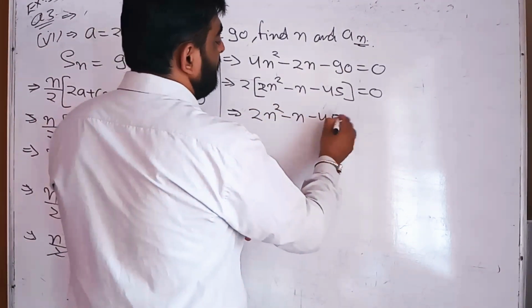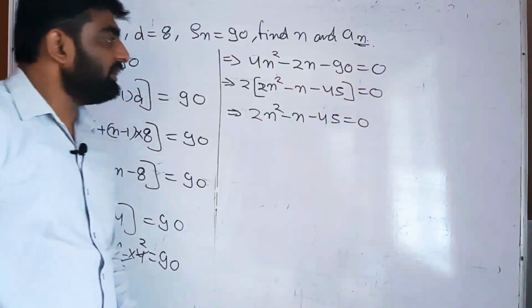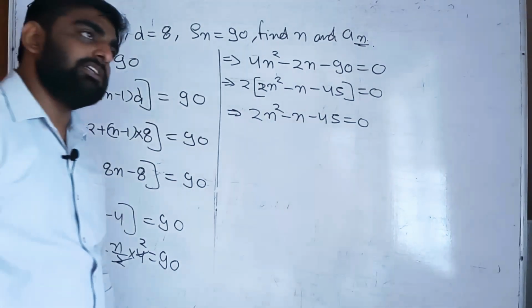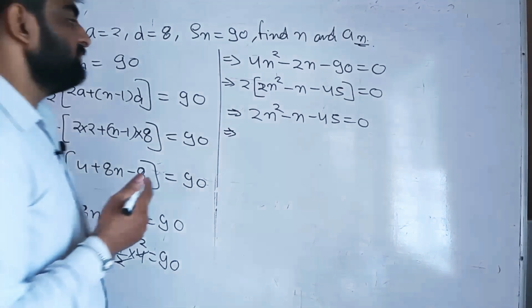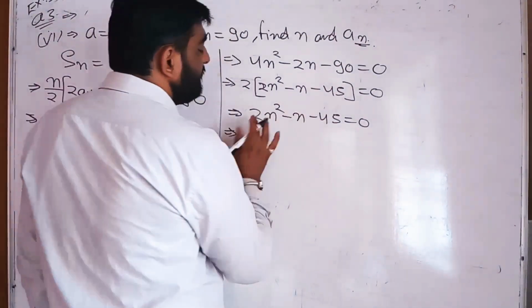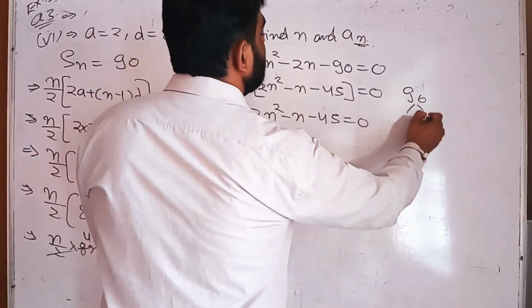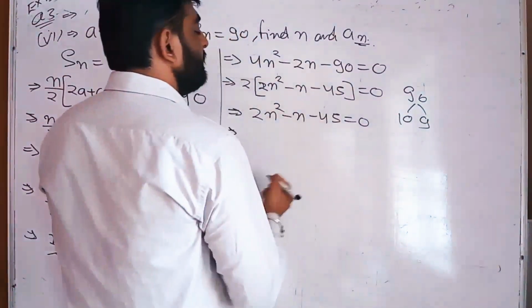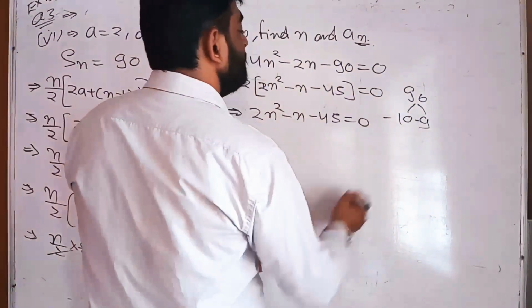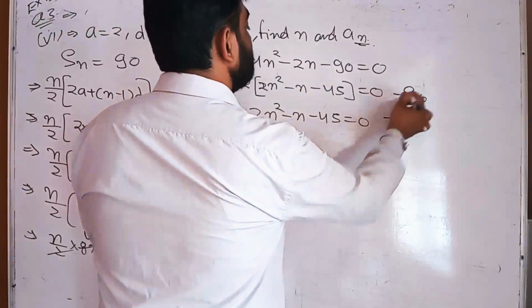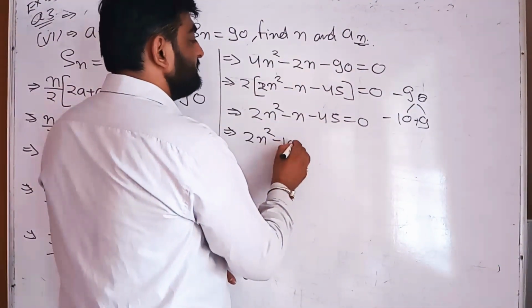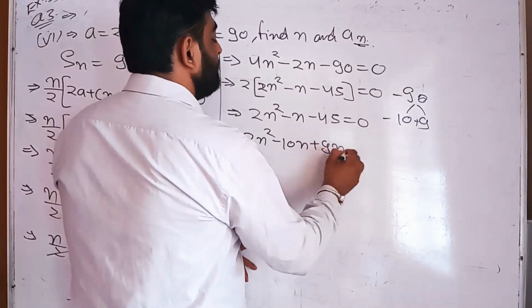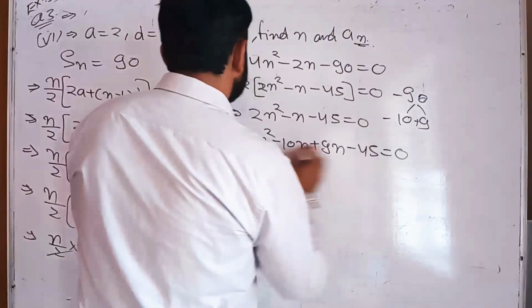Because then the solution is very easy. 45 into 2 is 90, and the factors of 90 are 10 and 9. So 2n square minus 10n plus 9n minus 45 equals 0.